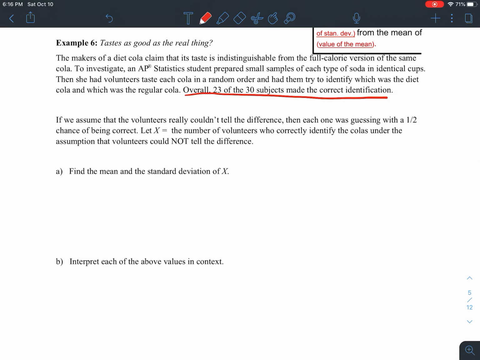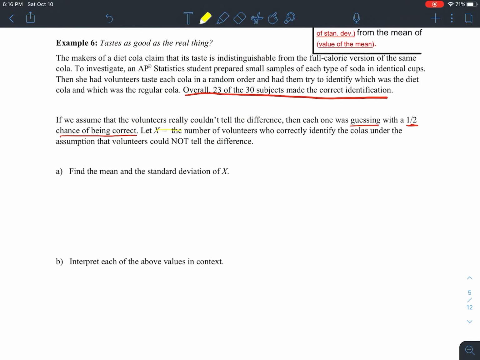the regular cola. So it says here, if we assume that the volunteers really could not taste the difference, but rather that each one was just guessing, okay, with a 50% chance of being correct, okay? Either it's the diet or it's the regular.